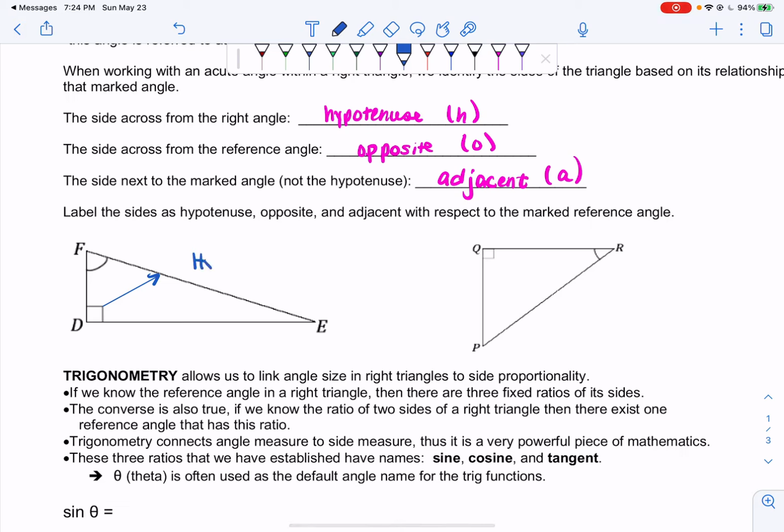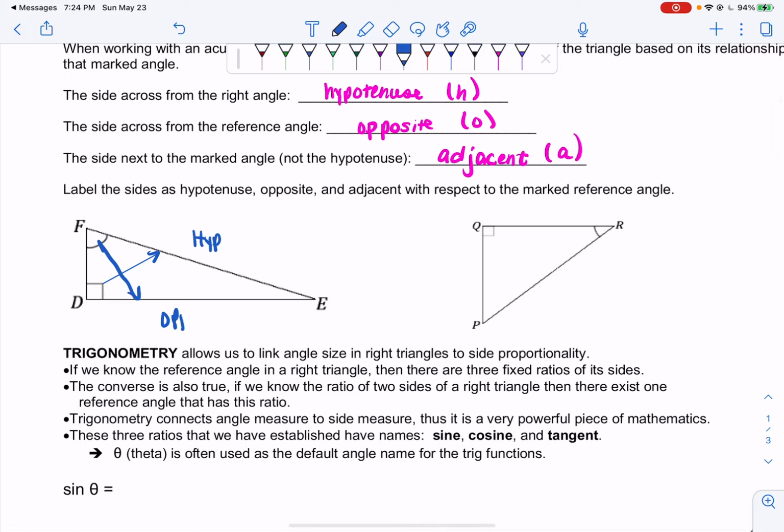FE is my hypotenuse. Now we're going to label our opposite. So we put our pen on F, go across, and boom, we hit DE, which is our opposite. And then last but not least, FD has to be our adjacent because that's the side next to our reference angle.